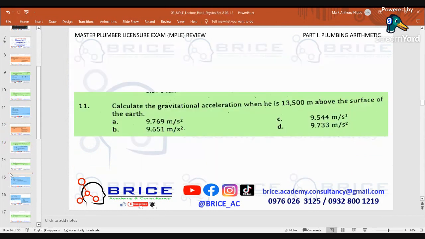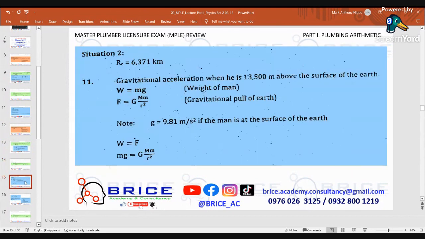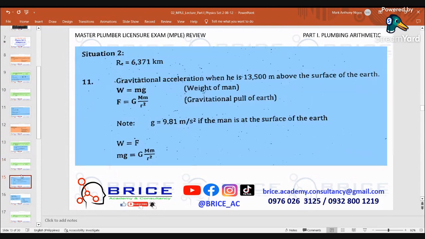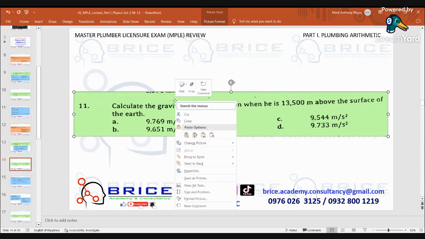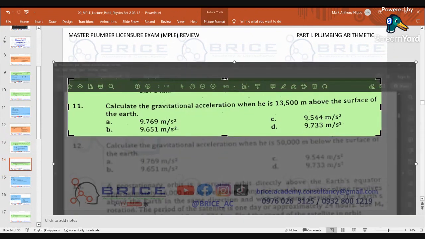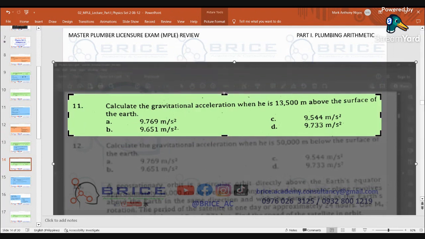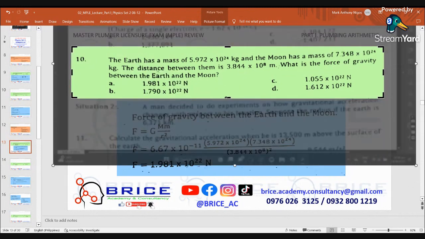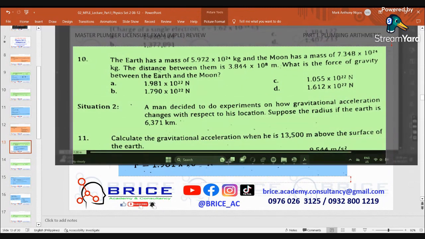Number 11. Calculate the gravitational acceleration when he is 13,500 meters above the surface of the Earth. This is long. Where are we? Right. Situation 2. Is this Situation 2? Sorry, I could not see it.